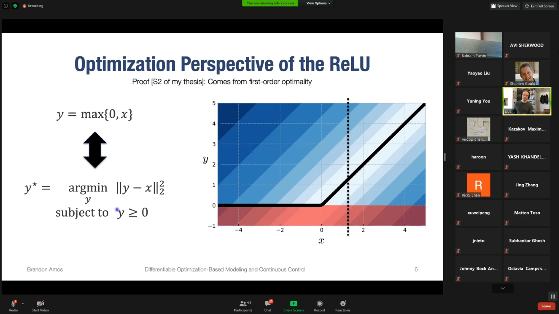But in the optimization case, it's not clear a priori that you could get any reasonable derivative flow through the output of this argmin operation into the components of the objective or the constraints. In the ReLU case, it happens to work out. But there's not always a closed form solution to your optimization problem.